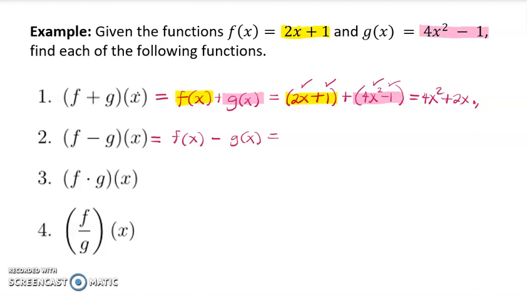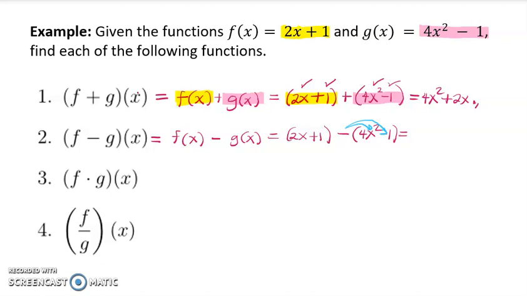And that is just equal to f of x, which is 2x plus 1, then minus g of x, which is 4x squared minus 1. So we multiply this negative 1 by each term, by 4x squared and by the negative 1.